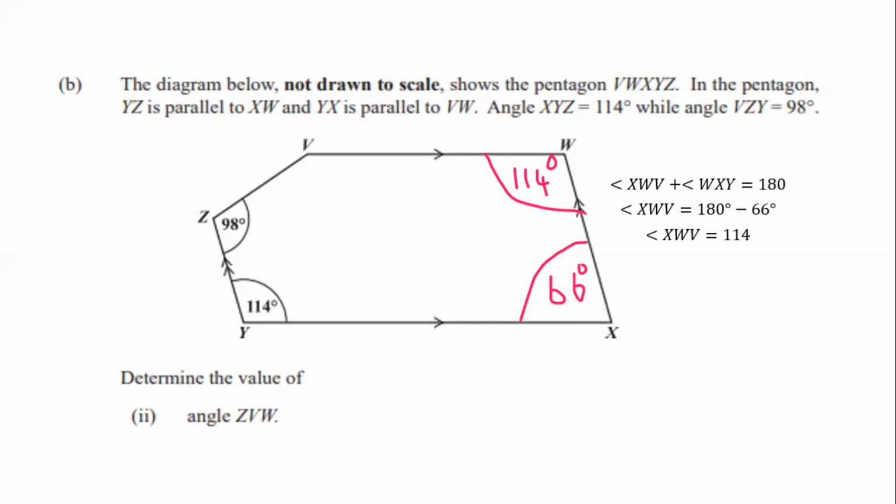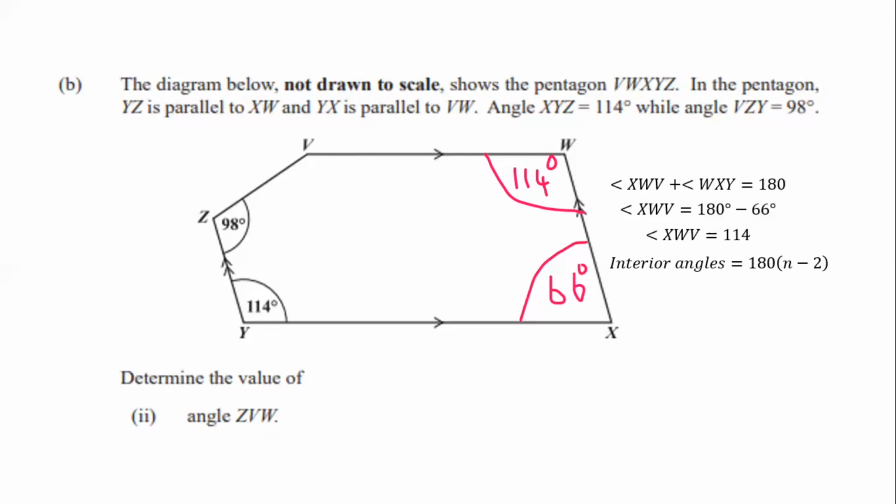Since there's only one missing angle, we can find the sum of the total interior angles, then subtract the known angles from this sum, and whatever remains would give us the magnitude at V, which is what we're interested in. So angle ZVW, basically the magnitude at V. To calculate the interior angles, the formula is 180 degrees multiplied by n minus 2, where n represents the number of sides.